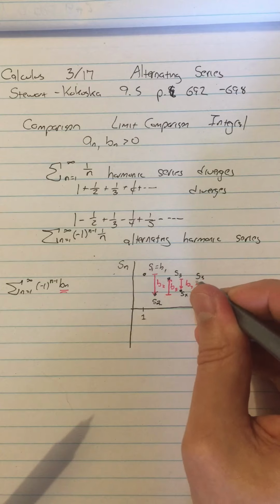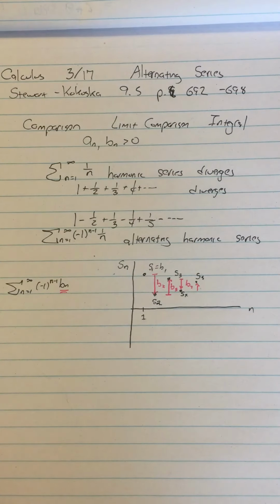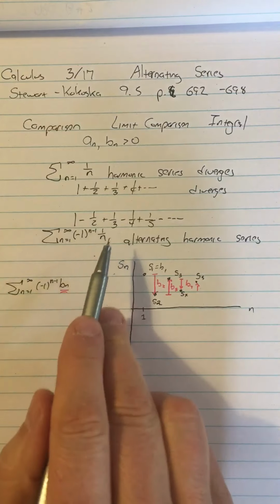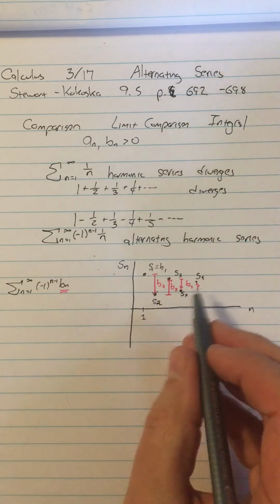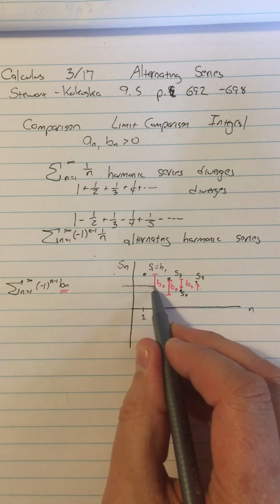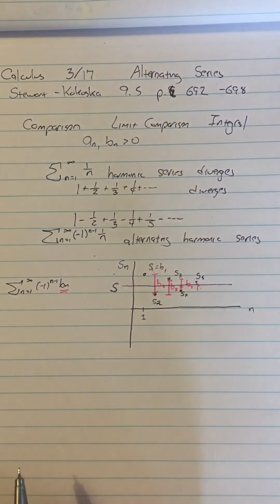You can kind of see what's happening here: the sums are going up and down, but they're going up and down by a lesser amount each time. And that's the key to the convergence here. For the harmonic series, because 1 over n is decreasing, I'm always going up and down by a smaller amount. What's trapped in between those two is the actual sum, the sum of infinitely many terms.